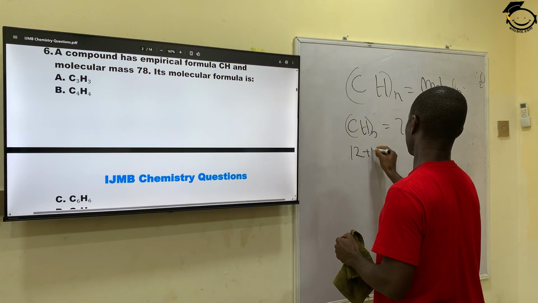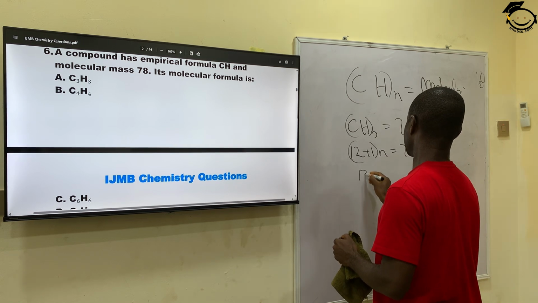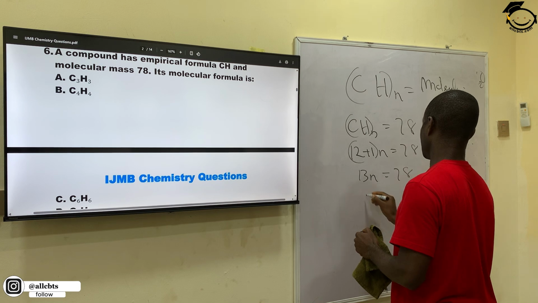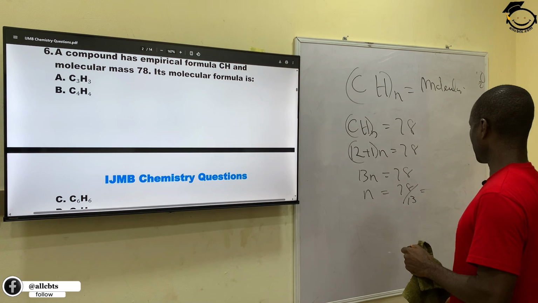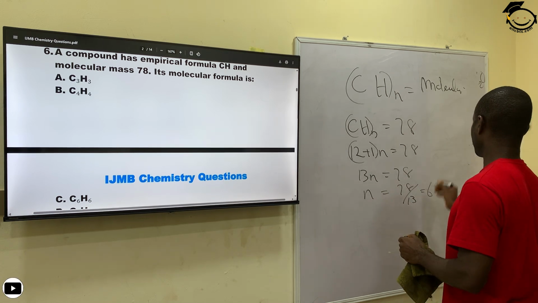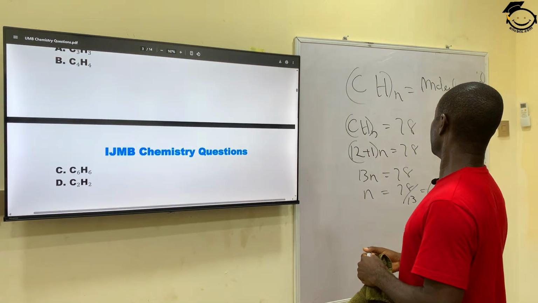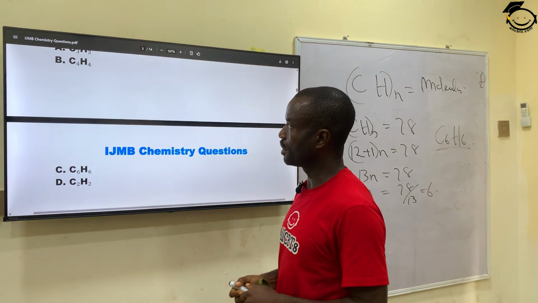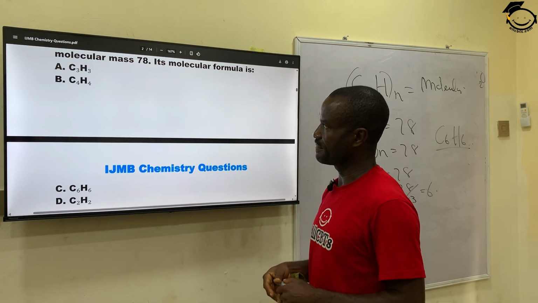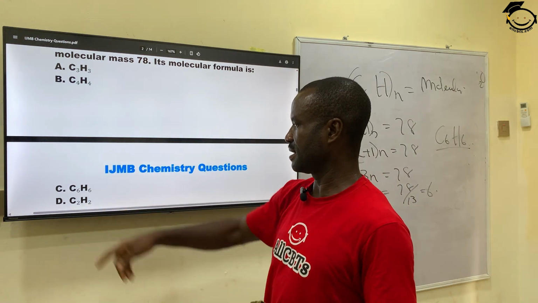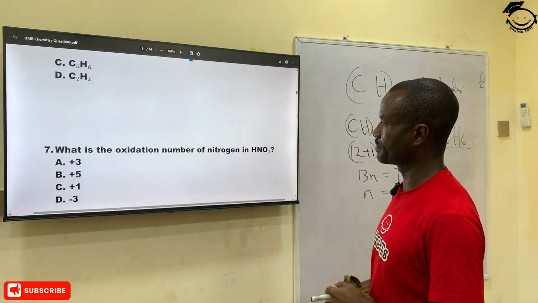Therefore, (12 plus 1)n equals 78. This is 13n equals 78. n therefore gives us 78 over 13, which is 6. So therefore, the formula becomes C6H6, which is benzene. So let's see the options from the above. We have A, C3H3, B, C4H4, C, C6H6. The correct answer is benzene, C6H6.